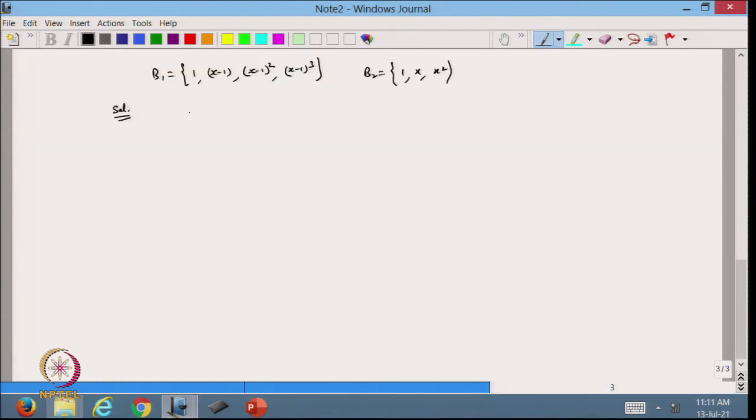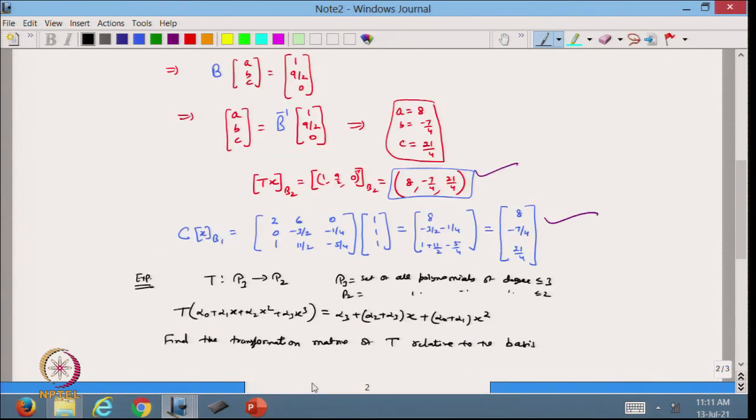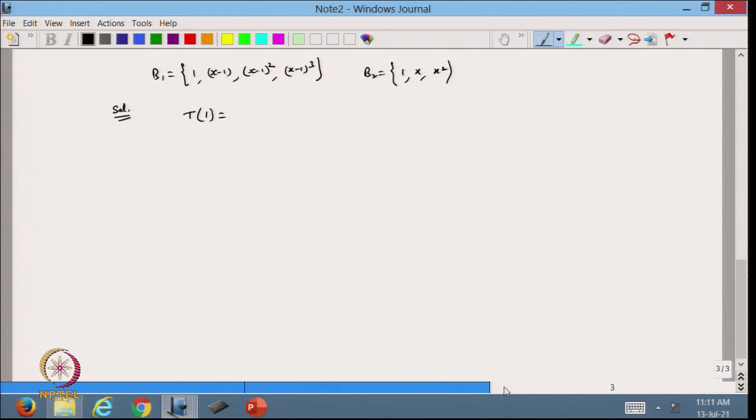So, I want to find out what will be T of 1. T of 1 means alpha 0 is 1 and all other terms are 0. So, this will be 0, this will be 0, only x square will come. So, its image is basically x square.